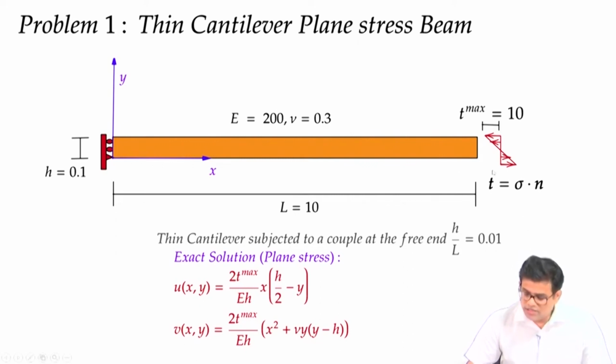Now this traction force is sigma dot n, among which only sigma xx is given at the free end of the beam. If I consider the plane stress constitutive relation, that is E by 1 minus nu square times the matrix 1, nu, 0; nu, 1, 0; 0, 0, (1 minus nu) by 2, then the exact solution can be written in this form.